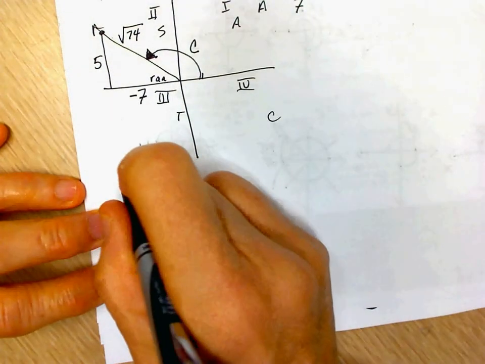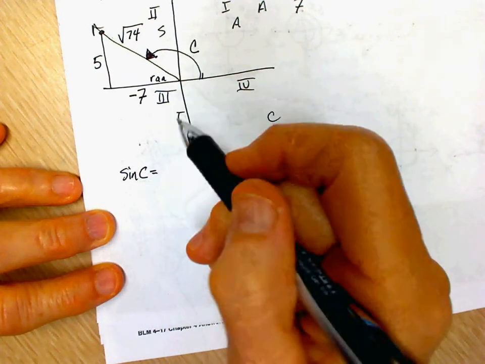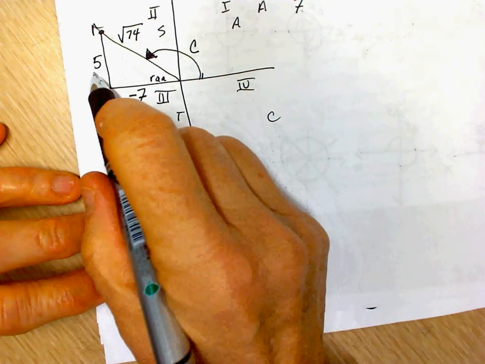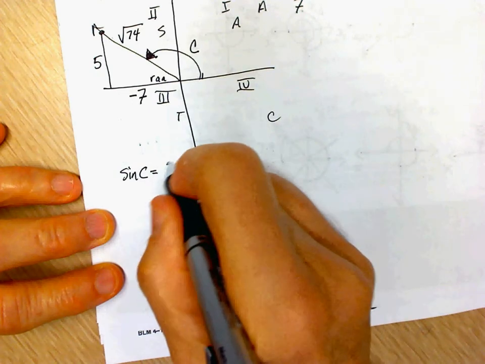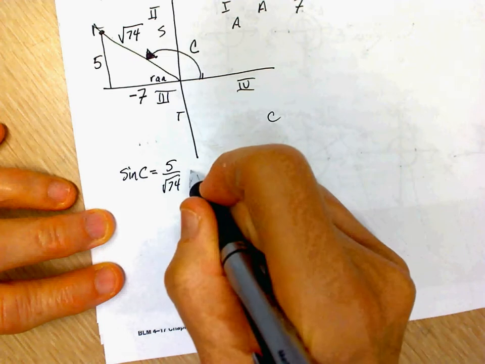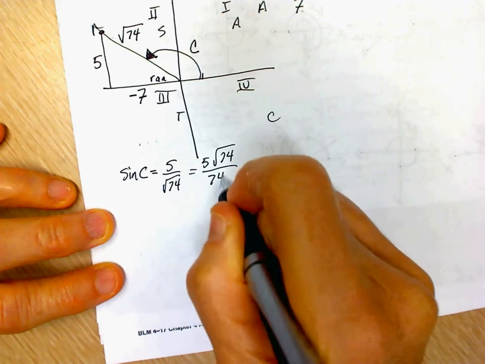So, sine of C is equal to opposite over hypotenuse. So it's going to be 5 over root 74, and that's 5 root 74 over 74.